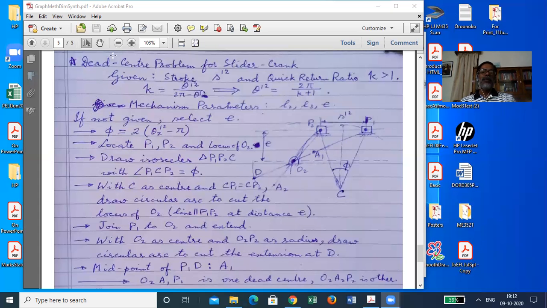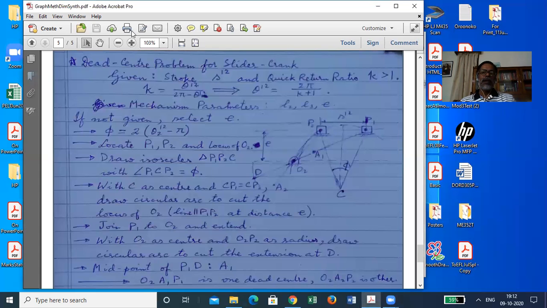Now that you have got O2, join P1 O2 and extend it. Then with center O2 and radius O2 P2, draw another arc, and wherever that cuts the extension, call it D. And then the midpoint of P1 D is the position of A for this extreme.